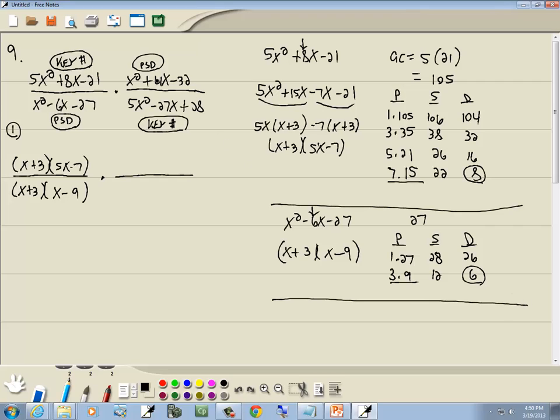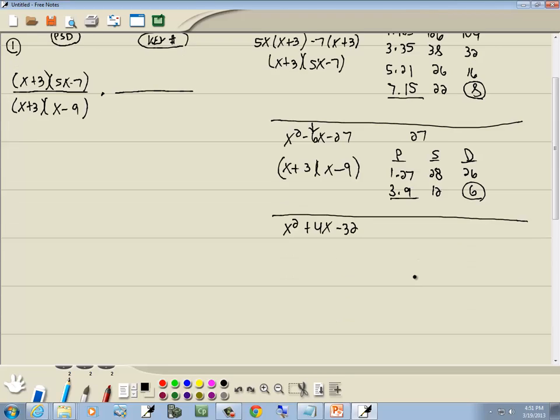Okay, let's do the top of the second fraction, the numerator. So we got x squared plus 4x minus 32. And we want to use the PSD method. So we'll take the number at the end, which is 32, and come up with our three columns. All products give us 32. We got 1 times 32, 2 times 16, 4 times 8.